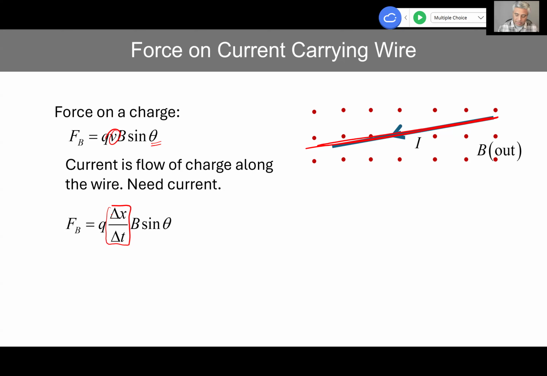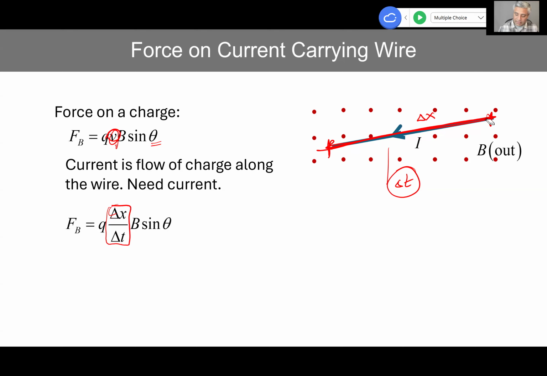So let's say if it goes through this distance of the wire, let's say this length of the wire, we can say that's the displacement it went through in time interval t. So that way the velocity is going to be displacement divided by time. Okay.